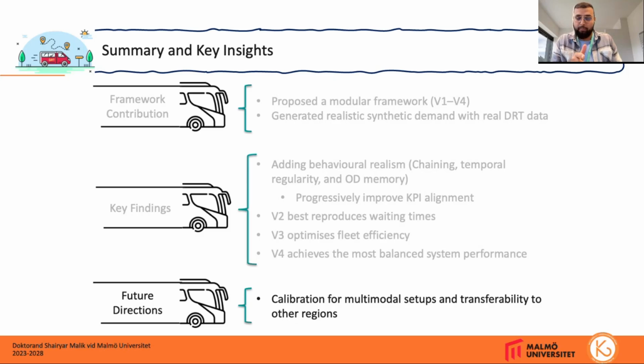Because, as I mentioned when I was describing the different models, there is a different data requirement for every model. Very little data is required for the first model, the crude one, then user behavior for a single day. Then we need a weekly signature for V3, and then we need everything for V4. So it depends what kind of data we have available.